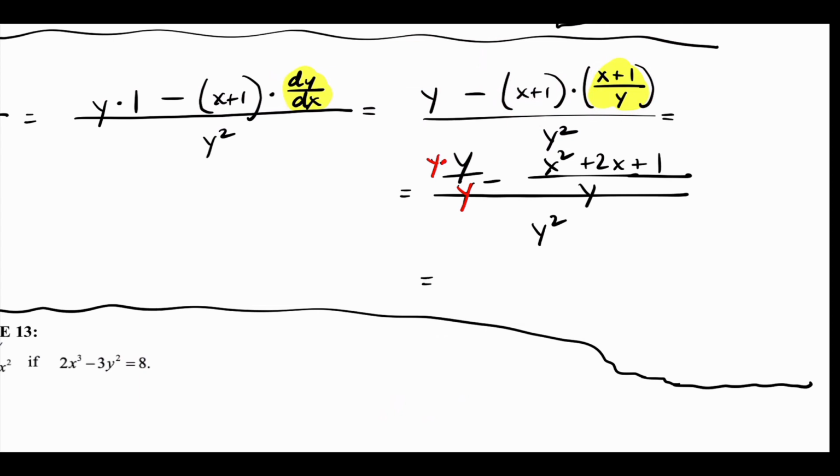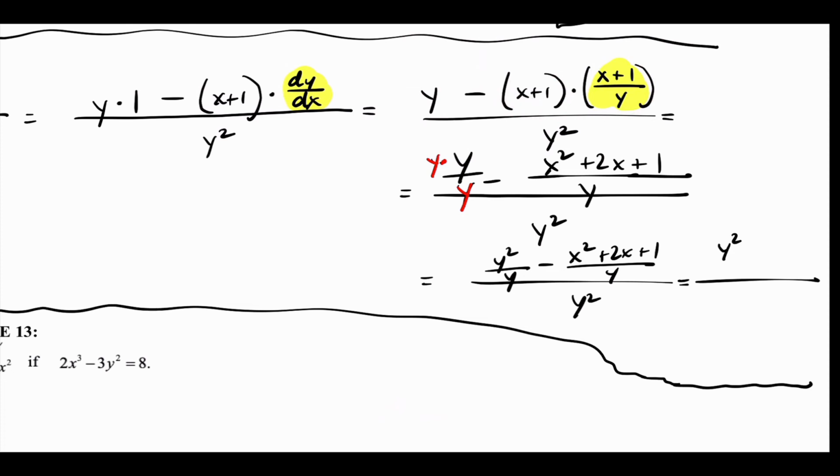So I would get y squared over y minus x squared plus 2x plus 1 over y. Okay. So on top, I would get y squared minus x, nope, because I got to distribute all of them. So I got to distribute the negative, so all of these guys are going to be negative.